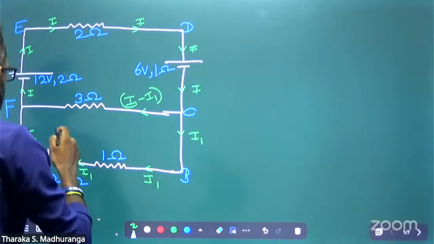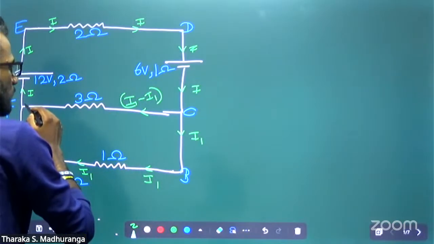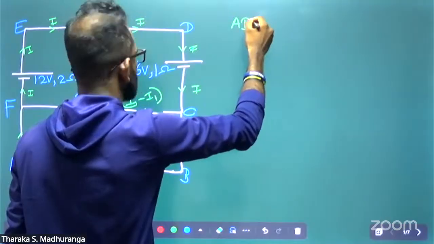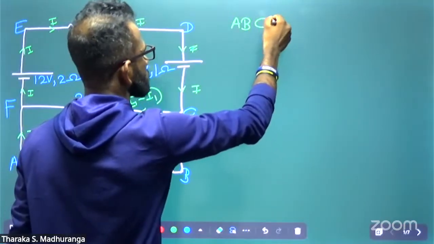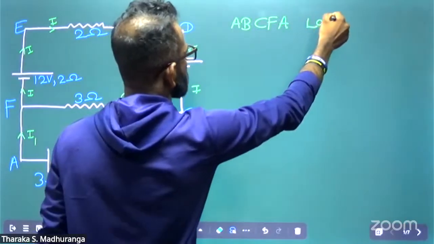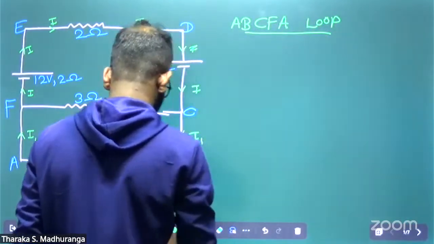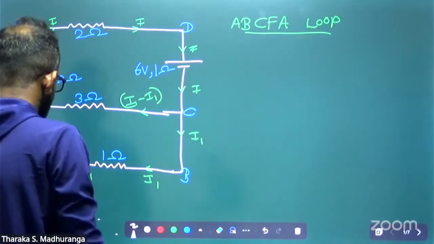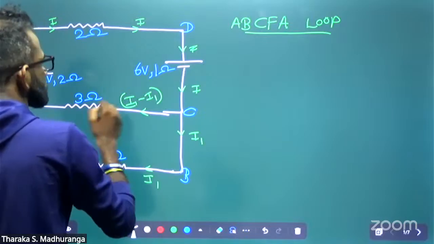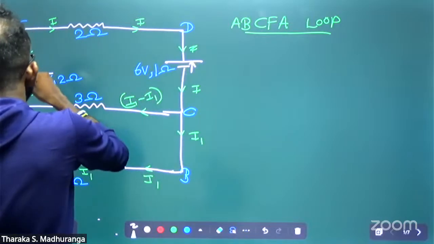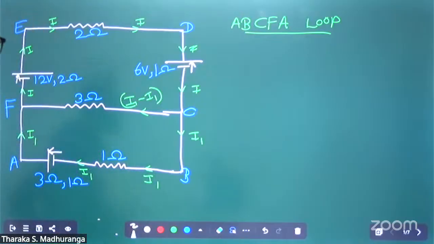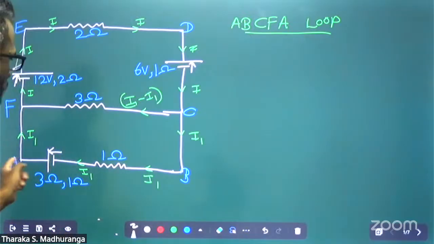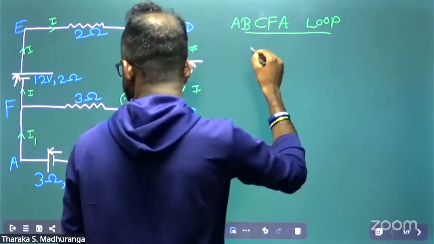I'm going to use A, F, A, B, C, F, A. A to B minus 3.